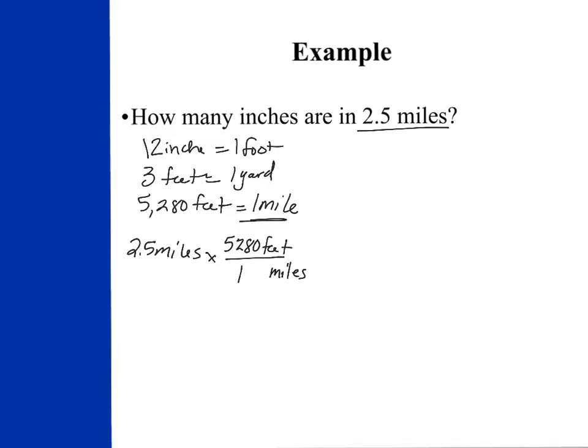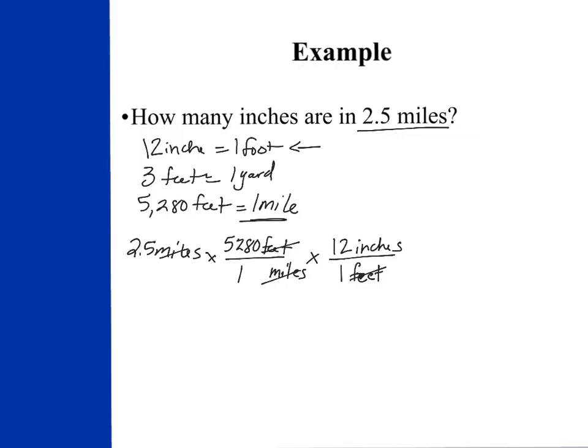And if we look at our units, we can see that miles will cancel out, and we're left with feet. But that's not inches yet, so we go back and look at our unit conversion factors, and we see, do we have another one that involves feet and inches, which we do. We know we need feet to cancel out. So in 1 foot, we have 12 inches. And we see that that unit's going to cancel out as well. So at this point, the only thing that I'm left with now is inches.